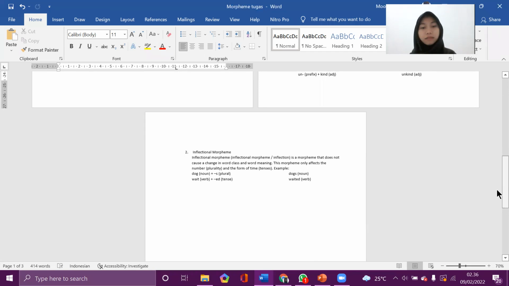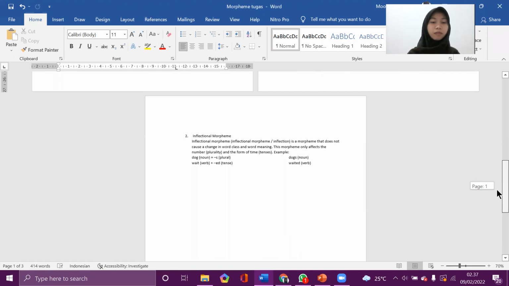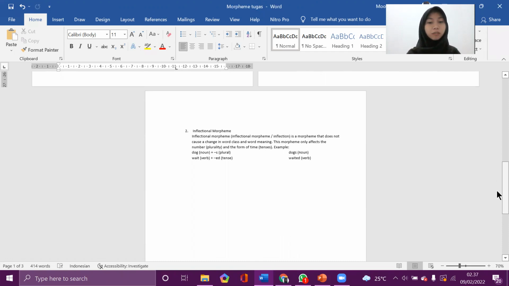And the last part of bound morpheme is inflectional morpheme. What is inflectional morpheme? Inflectional morpheme is a morpheme that does not cause a change in word class and word meaning. The morpheme only affects the number or plurality and the form of time or tense. And an example of inflectional morpheme is dog as a noun plus s as plural.